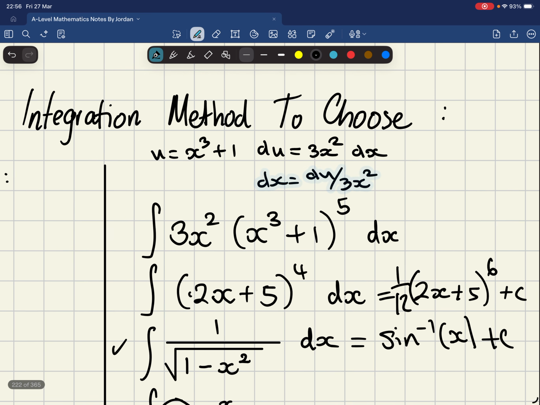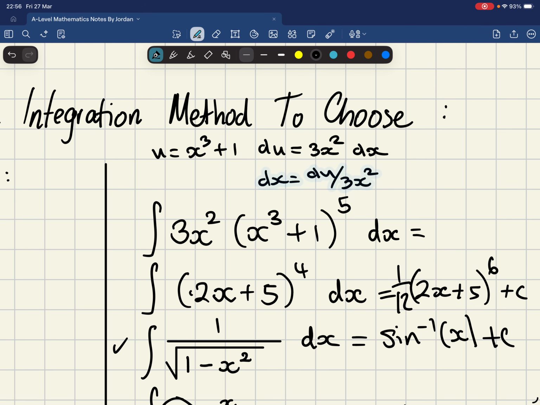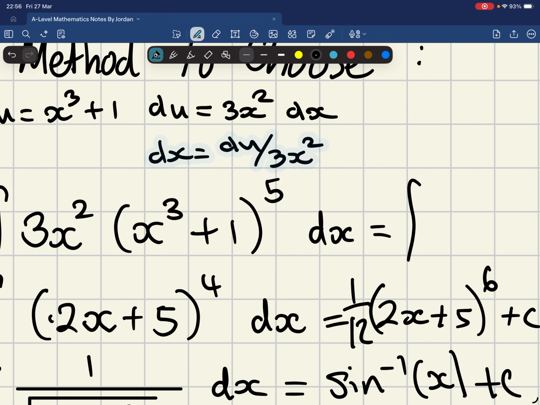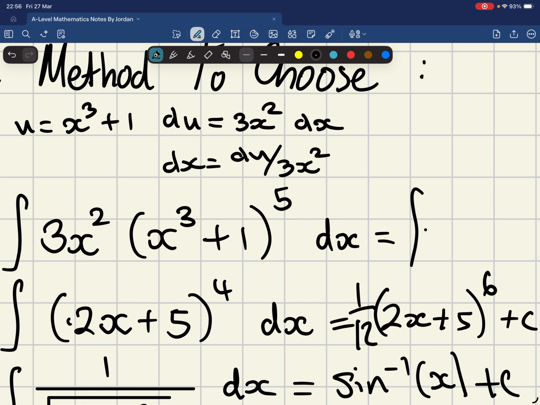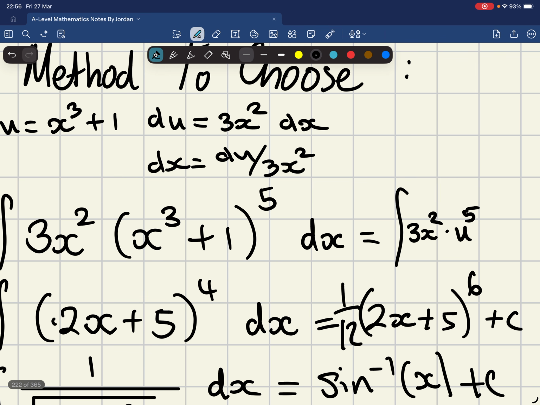And so I can rewrite this as being the integral of, let's write 3x squared here, and then I've got u to the power of 5 now. And dx is going to be written as du over 3x squared, sorry. Cancel those.